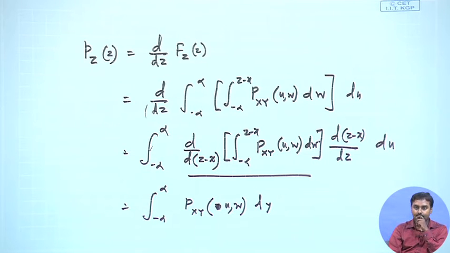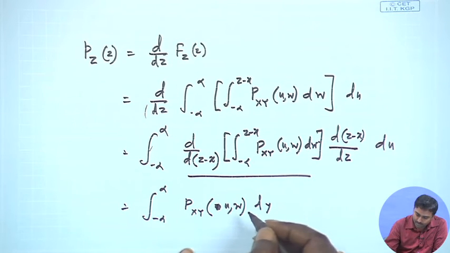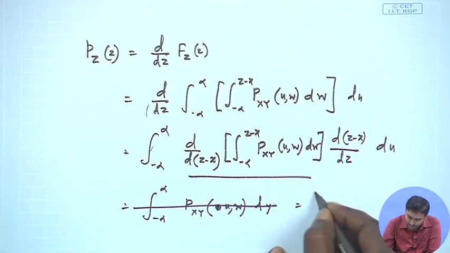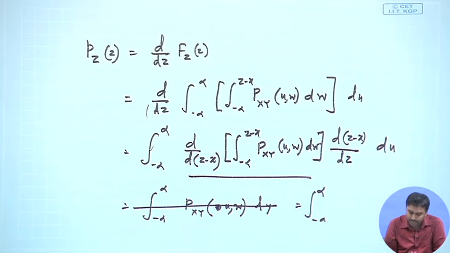Is this fine? Wait a second. So, that should be with that limit. Sorry, I should not write this. I must be writing minus infinity to plus infinity. See, whenever I do this cancellation, what will happen?